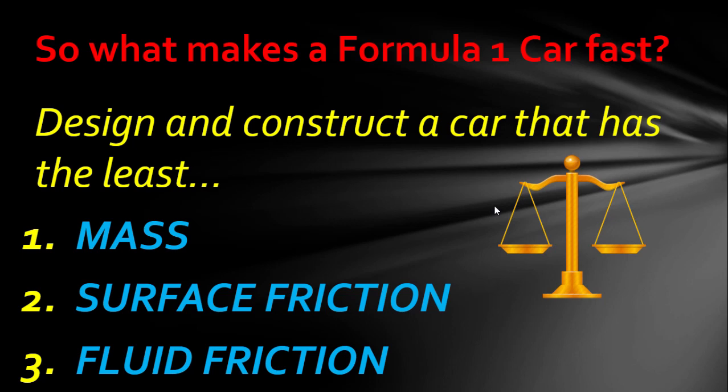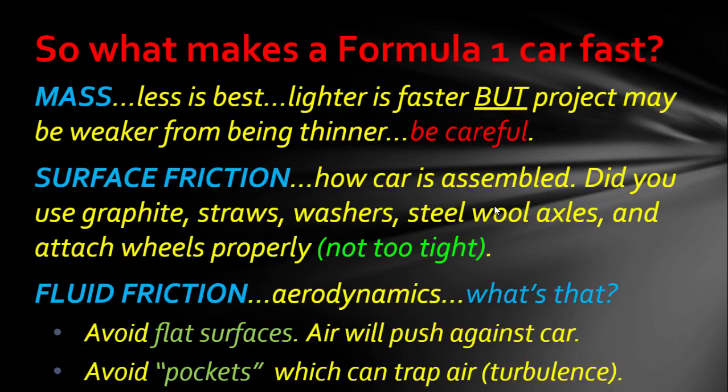Mass: lighter, faster. And then you have 2 types of friction, surface and fluid. If we look at this next slide, mass is simple: less is best. Lighter is faster, but the project may be weaker from being too thin. So we have to be careful with thickness when we make things lighter.